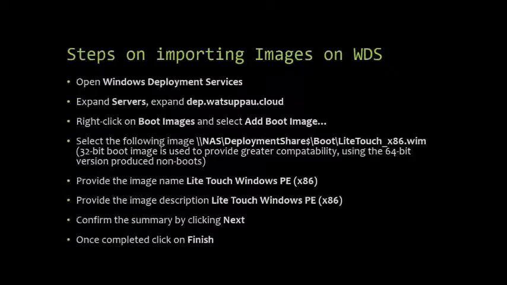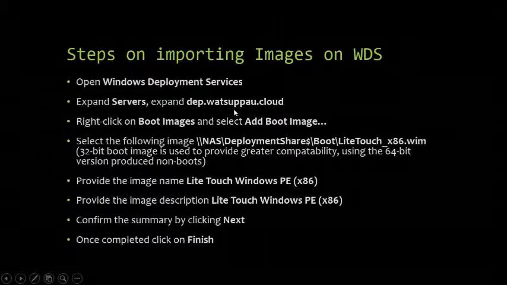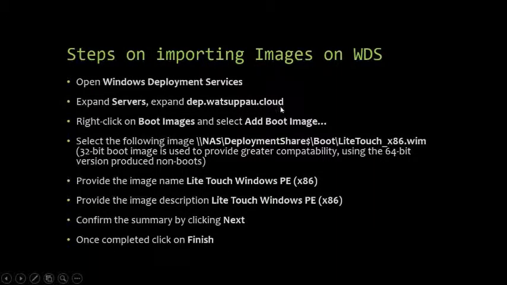And this is the step for importing the image on MDT, because we need to put the Lite Touch image to run the MDT on WDS. First, we open WDS server services, expand Servers, expand the server.